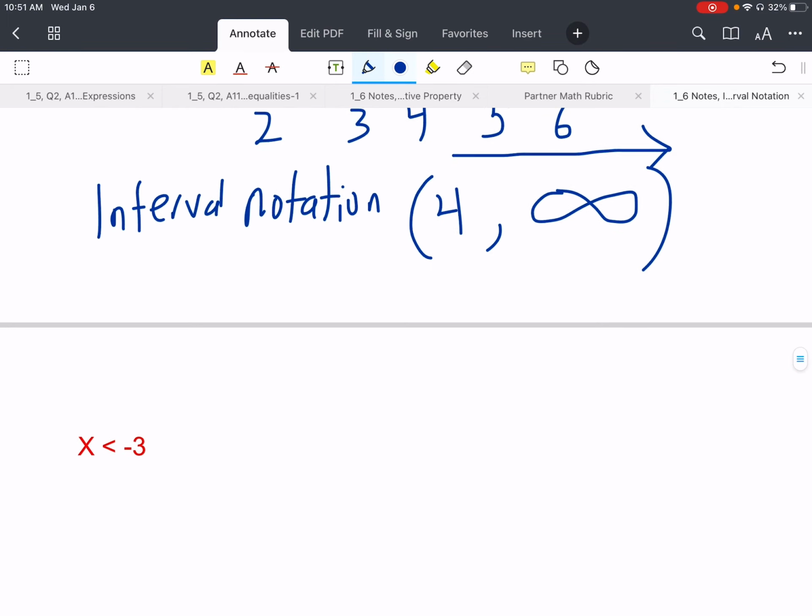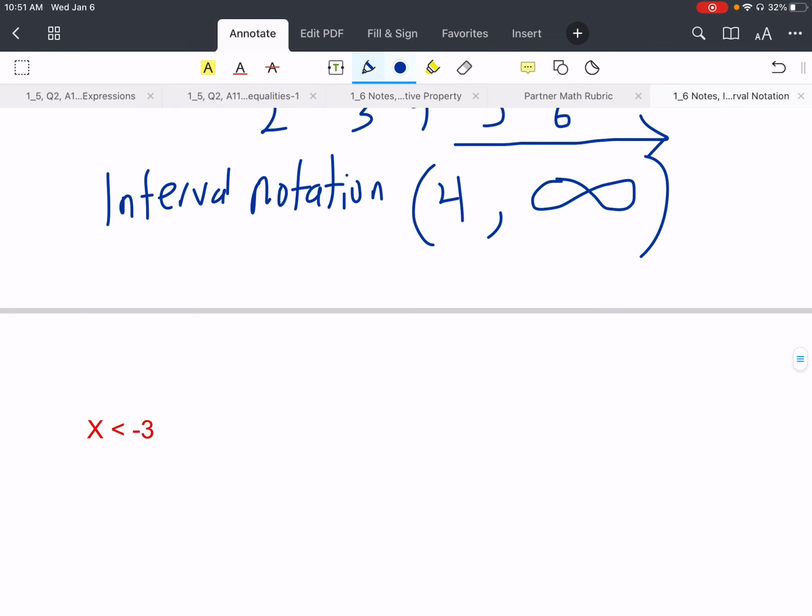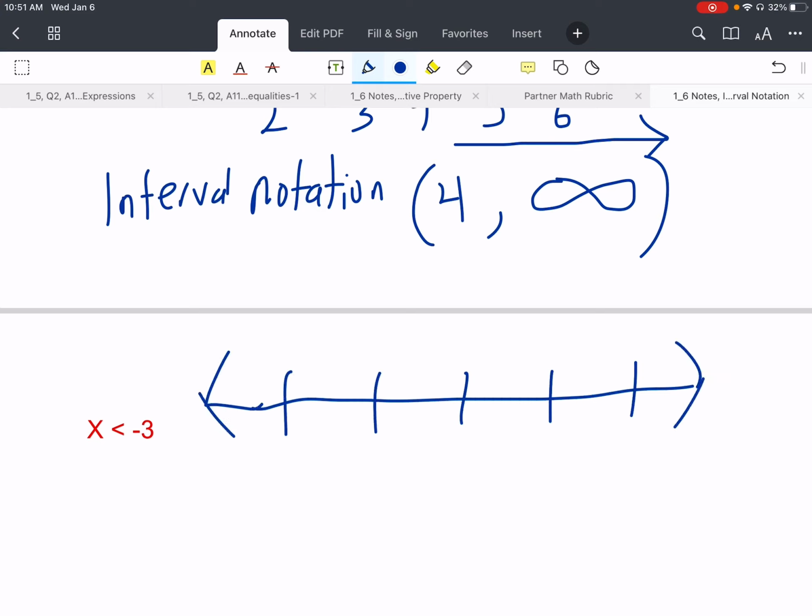So our next example, if we solve an inequality and we have x is less than negative 3, on a number line, we have negative 3, negative 2, negative 1, negative 4, negative 5. We have an empty circle here, and we're looking at numbers that are less than negative 3, so we're shading to the left.